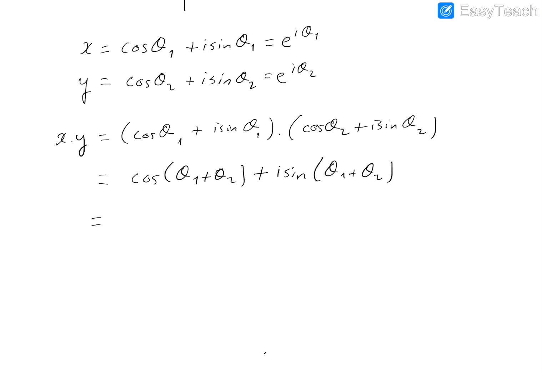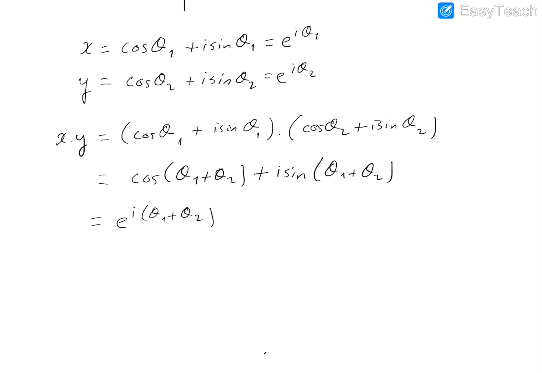Well, this is simply equal to e to the power i, the phases added together. So then taking the nth power of a complex number is simply adding the phase n many times, okay, if it's of unit length.